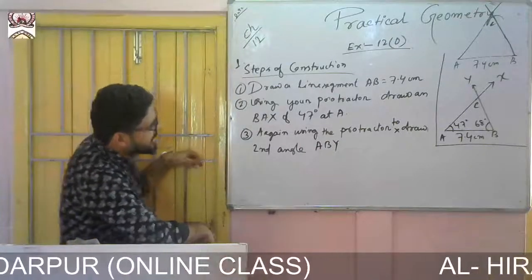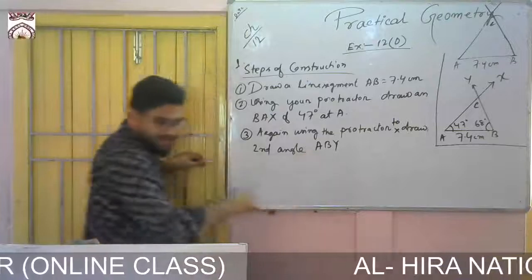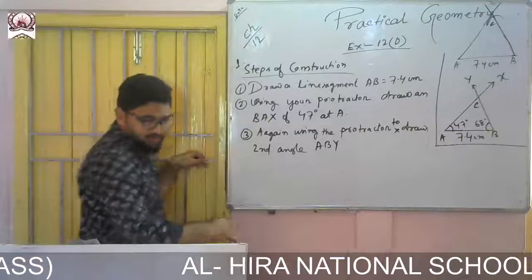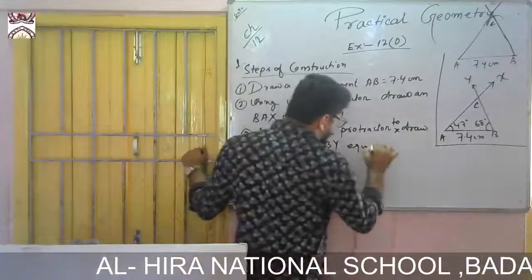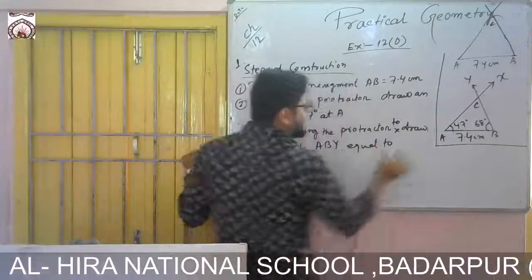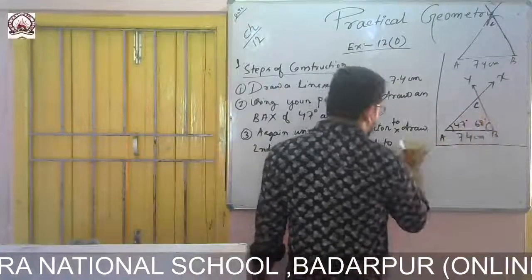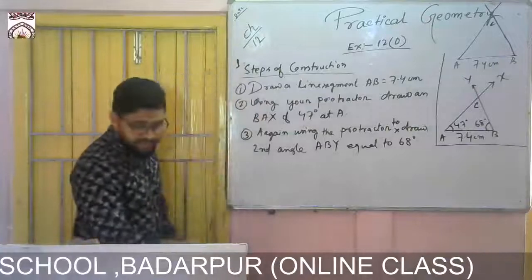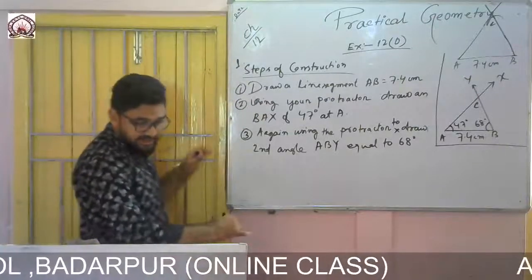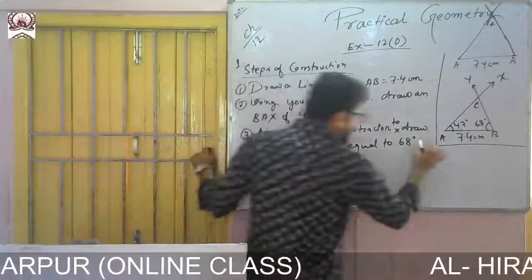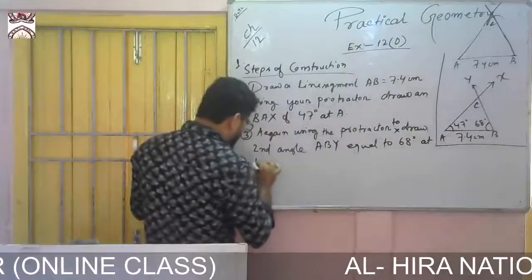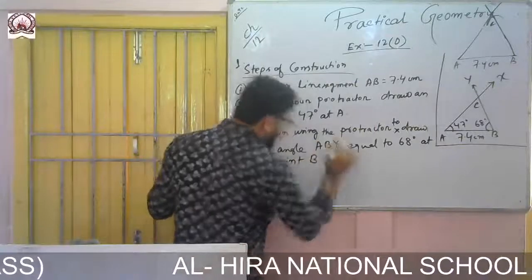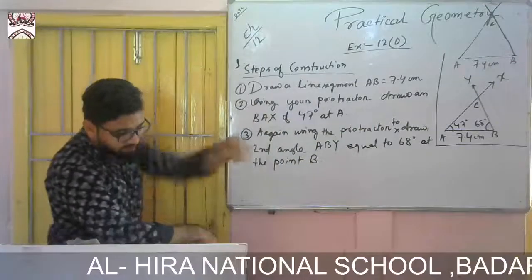So again using the protector to draw second angle ABY equal to 68 degree at the point B.